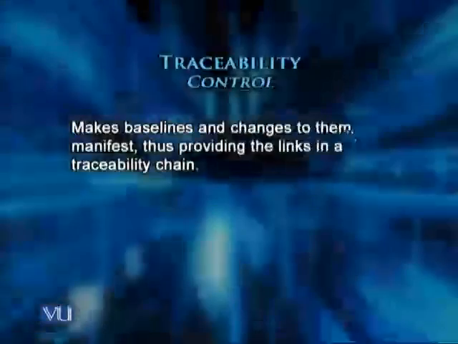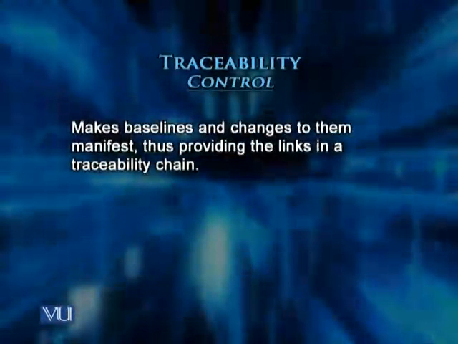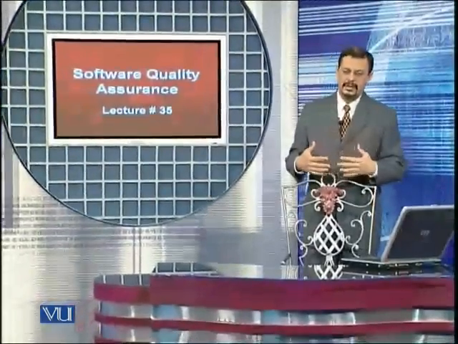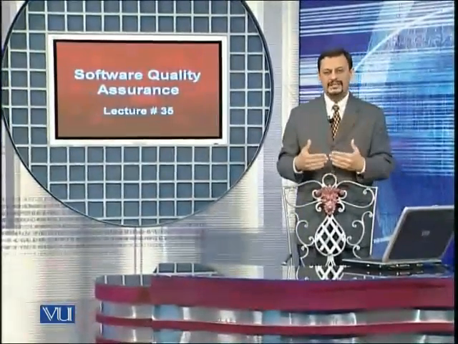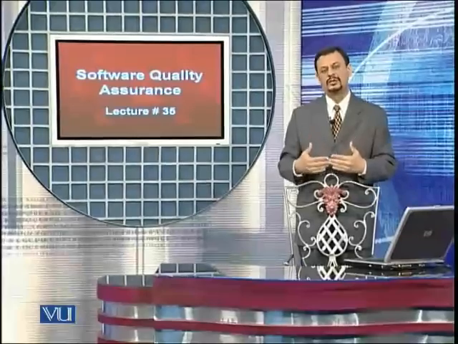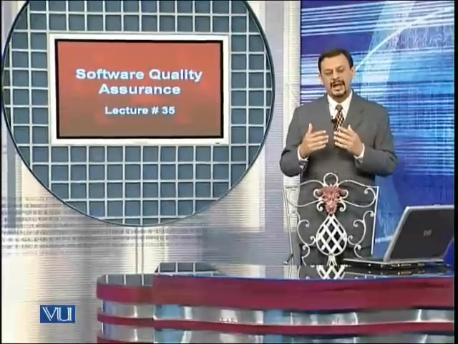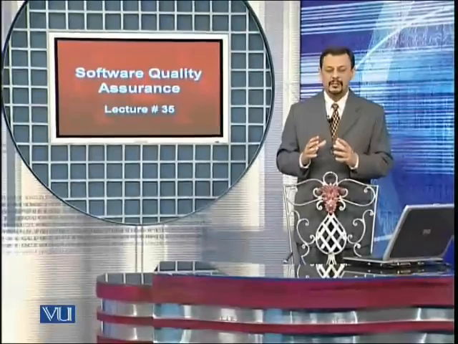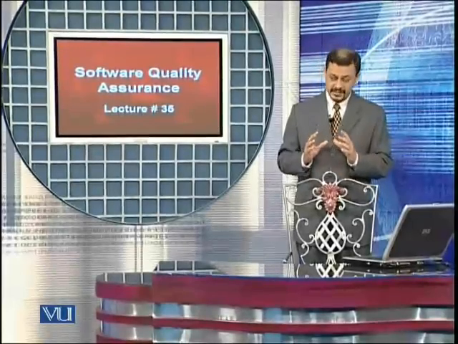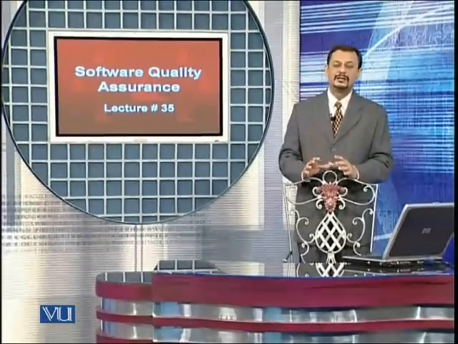Then we have control. Control helps make baselines and changes to them manifest, thus providing the links in the traceability chain. Whenever we have version control or change control, and whenever a request comes for a change, that request is first assessed and then approved in the control functions.